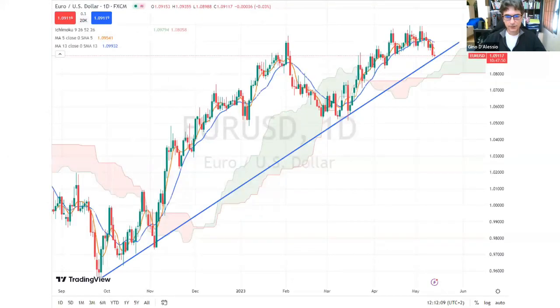For example, this is a chart with a couple of indicators. The first indicator is the moving average. I have 2 moving averages here: the slow moving average, which is the blue line, and the fast moving average, which is the orange line.